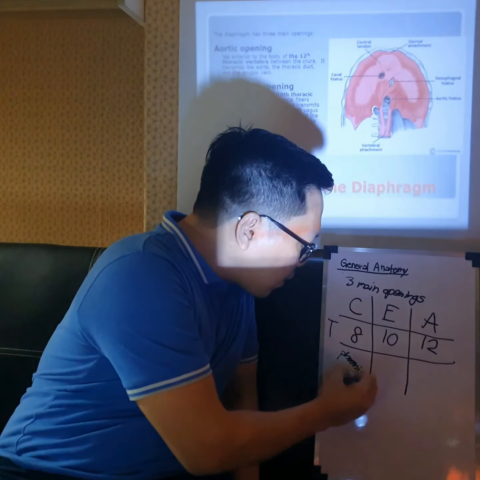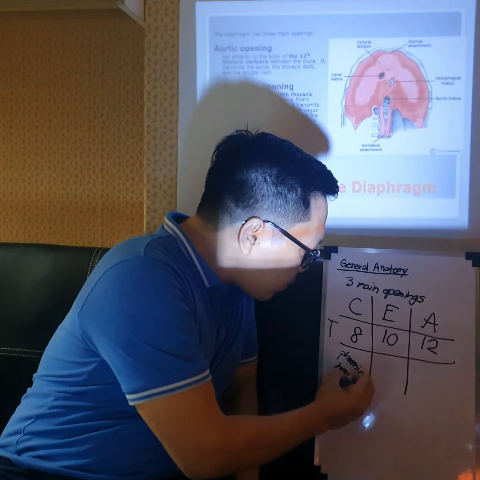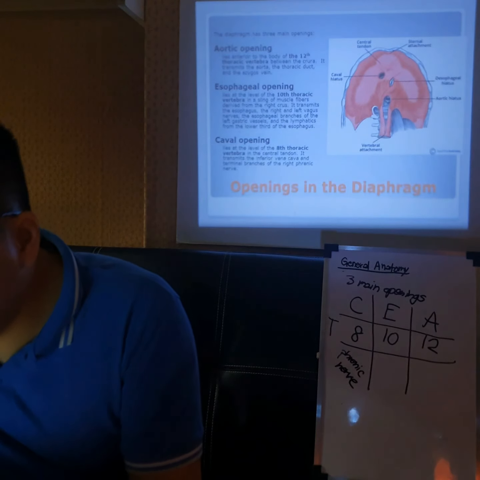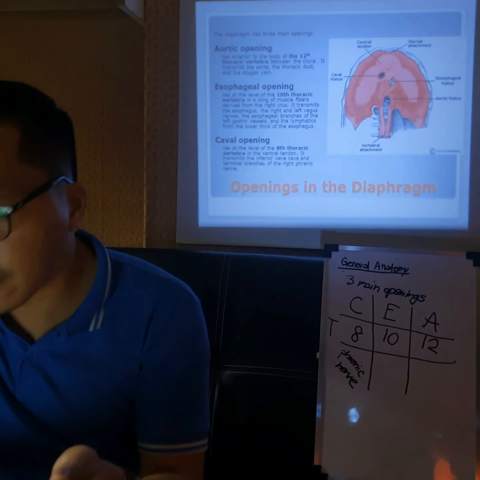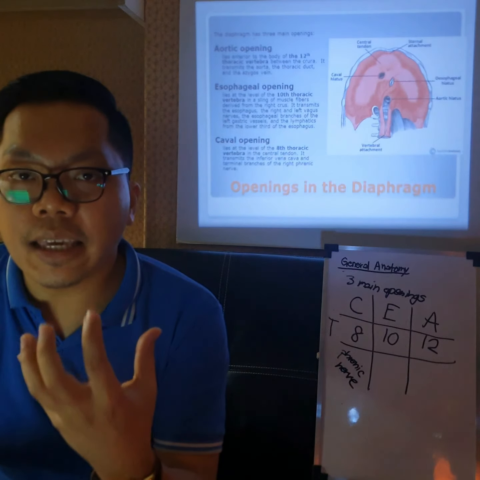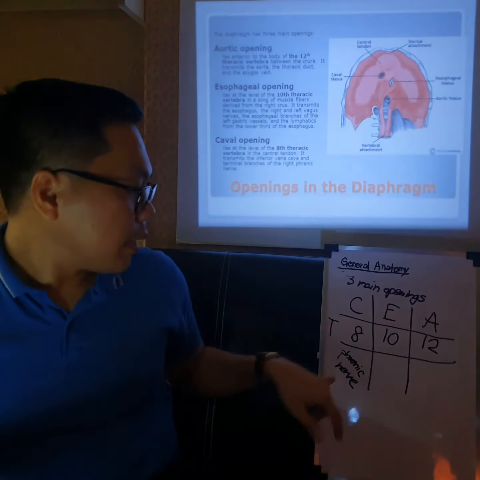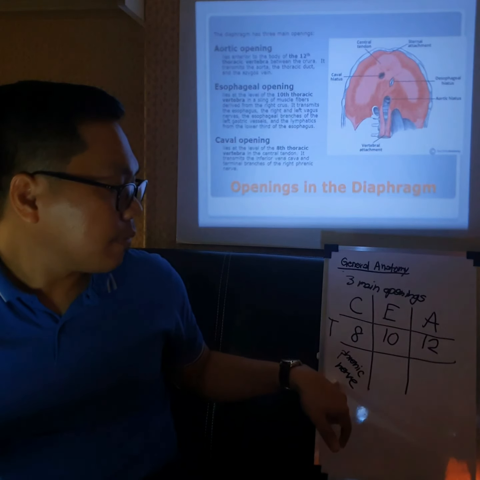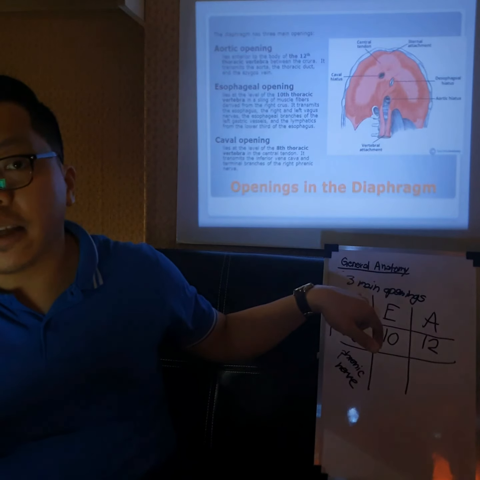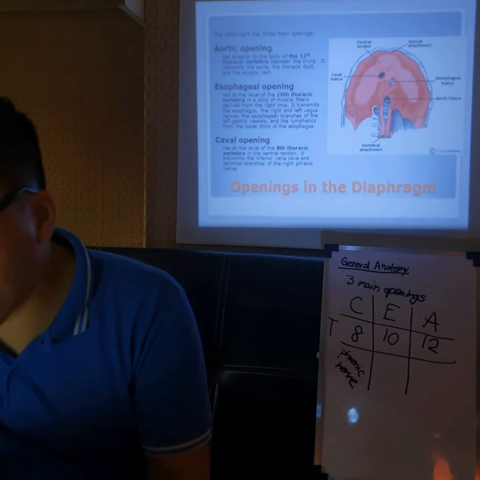Phrenic nerve. What is the phrenic nerve? Phrenic nerve is actually what innervates the diaphragm. Okay? Ito yung nag-i-innervate sa diaphragm. Phrenic nerve. T8 level, and it is in the caval opening.